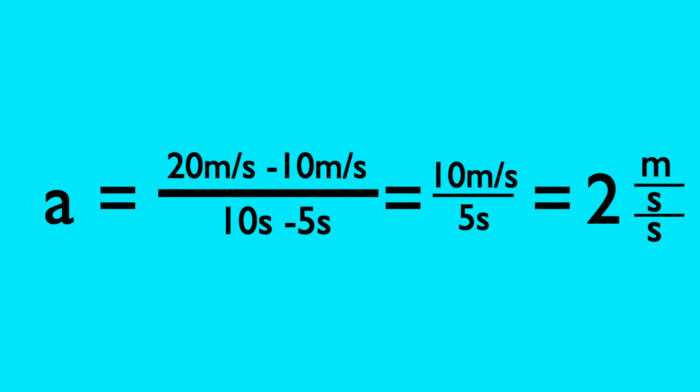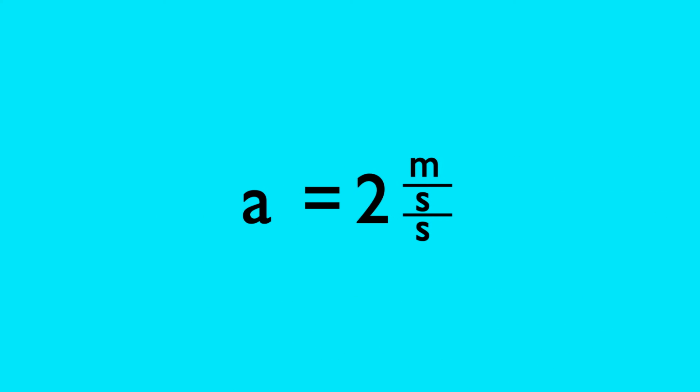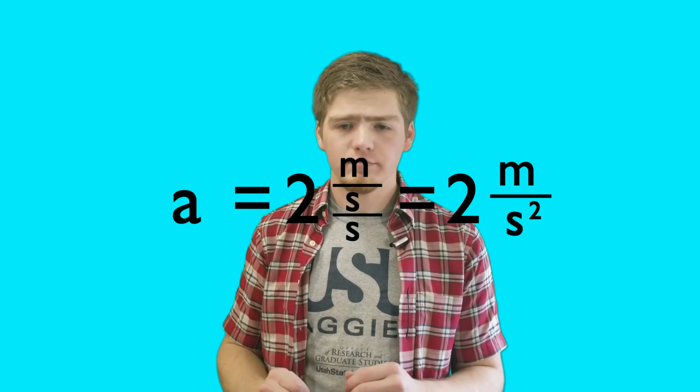This gives an acceleration of 2 meters per second, often called 2 meters per second squared because you have 2 seconds on the bottom of that fraction.